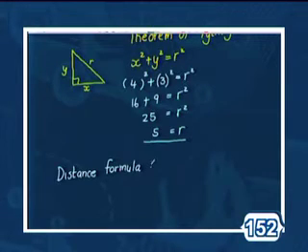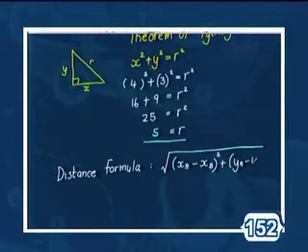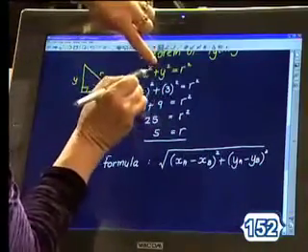And the distance formula tells you that if you are wanting to find the distance or the length of a line, we need to work out the difference between the two x values and square it, and then the difference between the two y values and square it. And that's actually exactly what we're doing there.